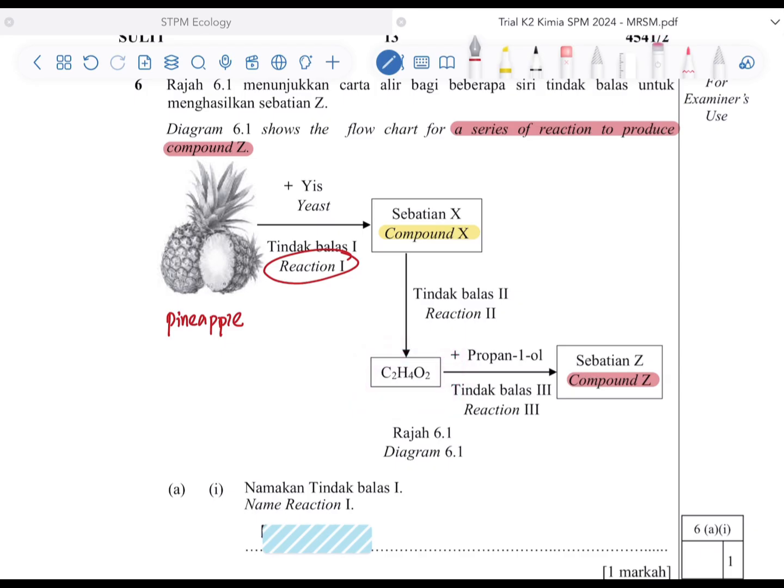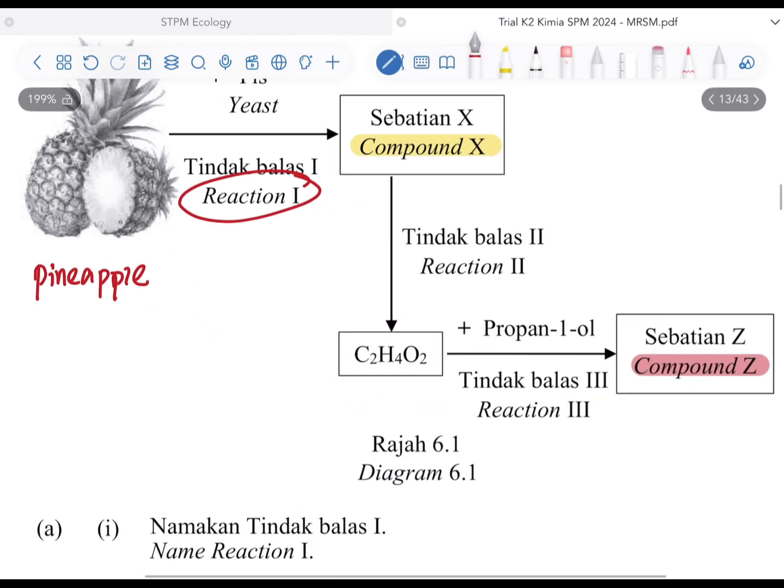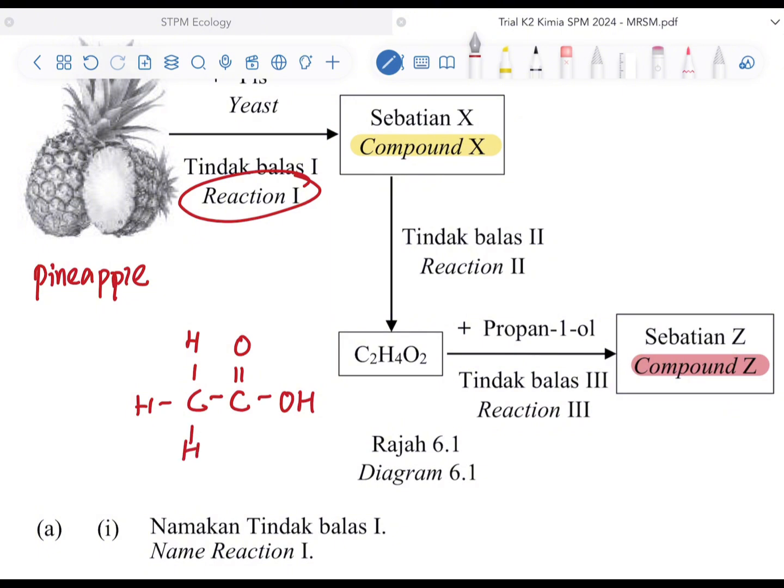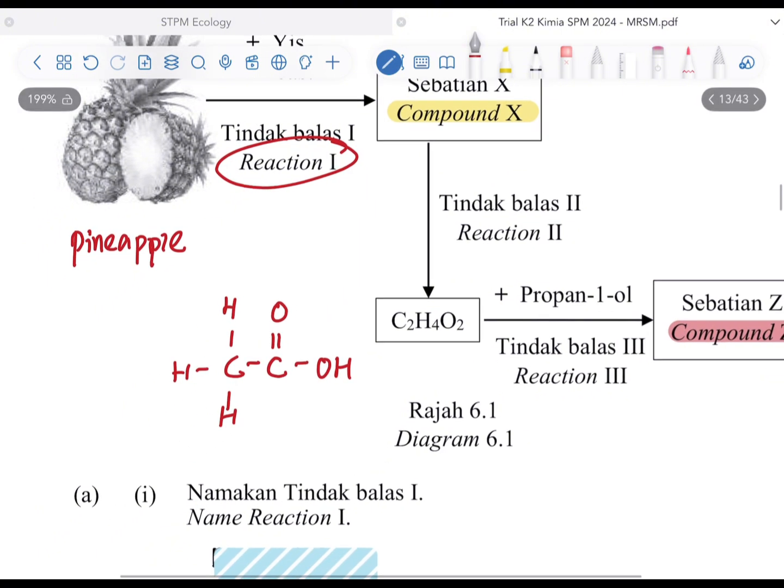C2H4O2. So if you don't know what this is, let's draw out the chemical formula together. Since it has 2 oxygen, we can predict that this is actually ethanoic acid. So let's see if I draw this correctly or not. We have 2 C in this formula, so this is carbon number 1 and carbon number 2.